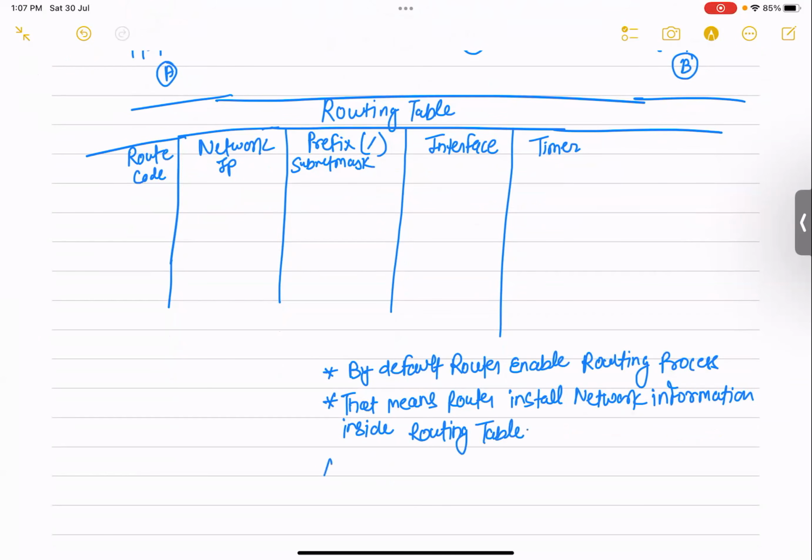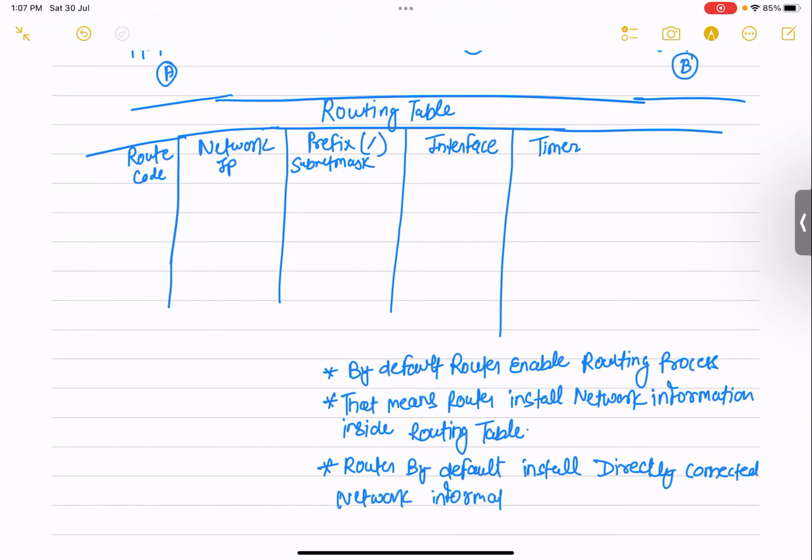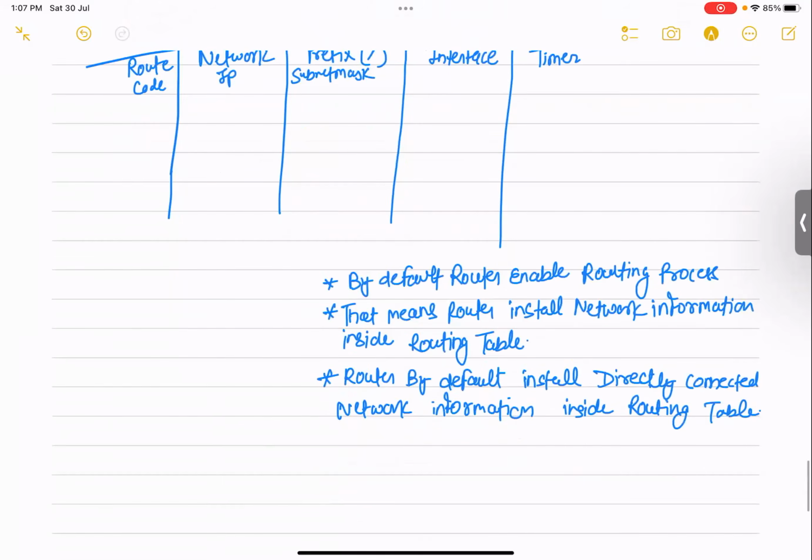Routing table. Clear? One more thing. A router by default installs directly connected network information inside which table? Routing table. Clear? One more thing.